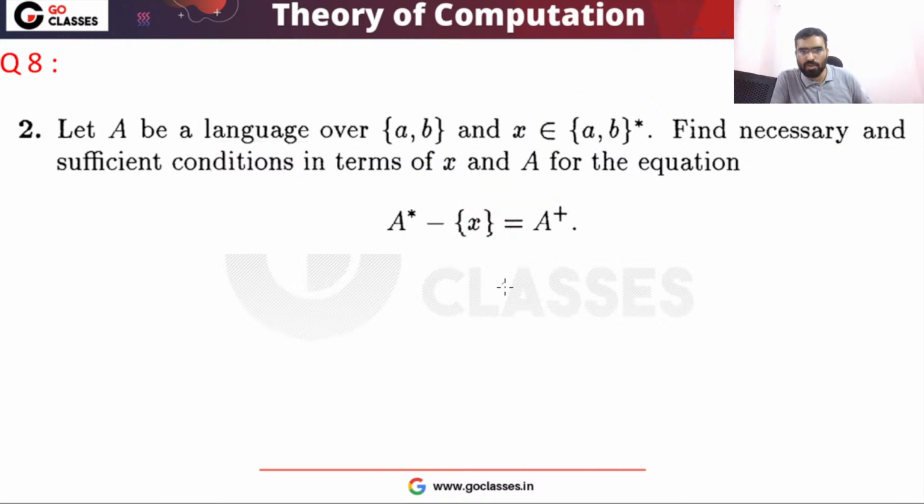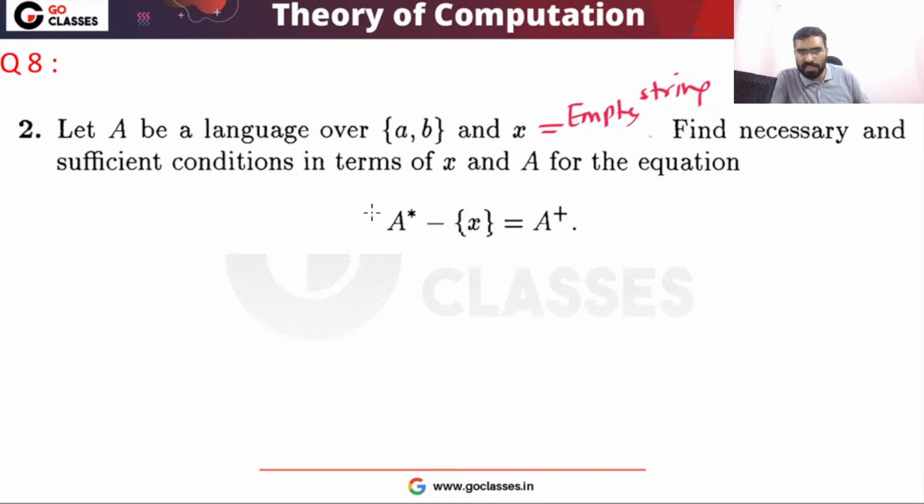See, here in this question you can notice X belongs to AB star. Let me change the question a little bit. If I say X is an empty string, now what will be the answer?